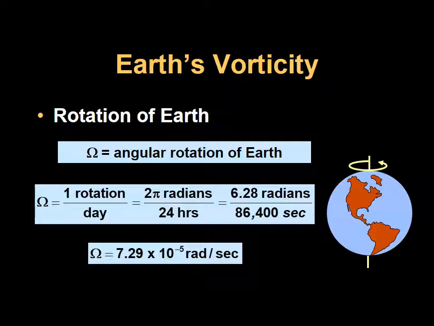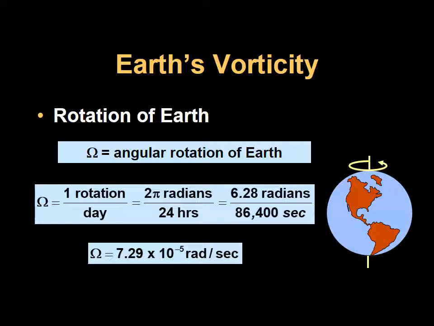So 2 pi, and the Earth rotates in 24 hours. 2 times pi is 6.28. 24 hours is, of course, 86,400 seconds. So if you divide the radians by the seconds, you get 7.29 times 10 to the minus 5th radians per second. Now that seems kind of esoteric, but that's how many radians in 1 second.